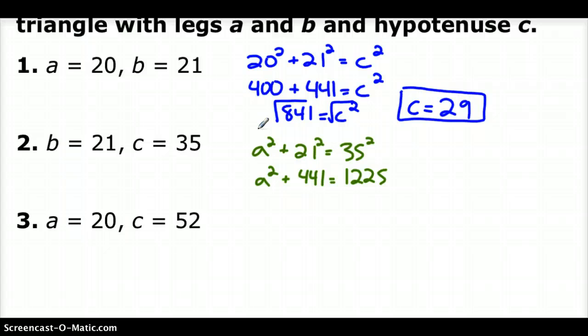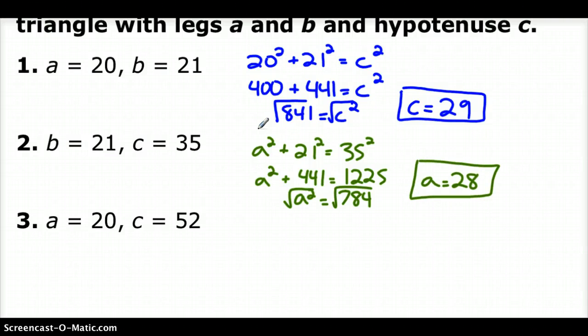Doing a little subtraction to solve for A squared, I get 784. Then I can take the square root of each side, and that gives me 28. So I can say that A equals 28.